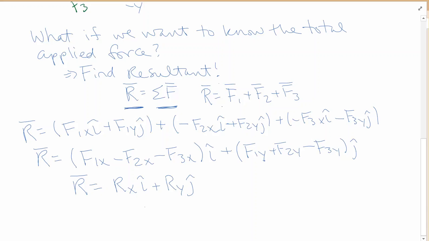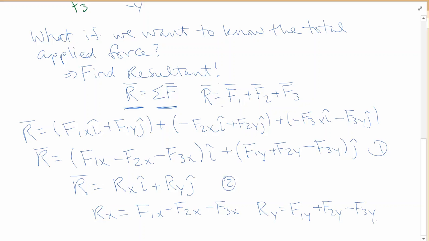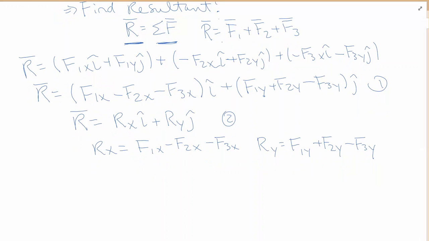So using these two equations, equation 1 and equation 2, we can say that Rx is just the summation of all of the x components from the individual forces, and Ry is the summation of the y component from each individual force. So that's how we're going to construct our resultant vector.